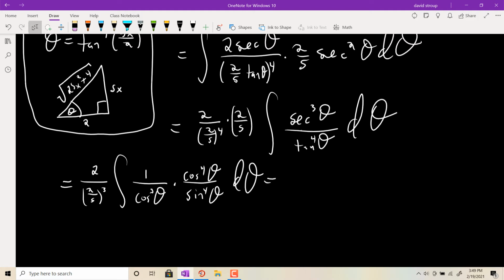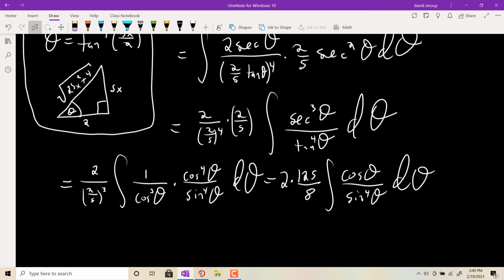And then let's clean up that stuff. So I have 2 times the reciprocal of 2/5 cubed, which will be 5/2 cubed, which is 125 all over 8. And then I can reduce this a little, so I'll have kind of a weird mix of cosine theta all over sine to the 4th theta, d theta.